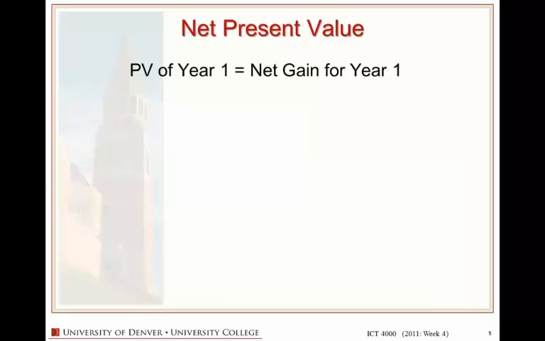Present value of year one is simply you take the net gain for year one and divide it by 1 plus the discount rate raised to the first power. So the exponent 1 is the year, R represents the discount rate, and net gain is simply your benefits minus the costs. And we'll walk through an example of that as well.